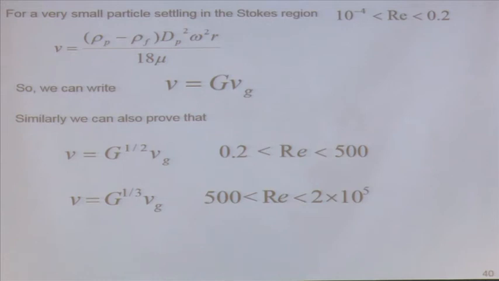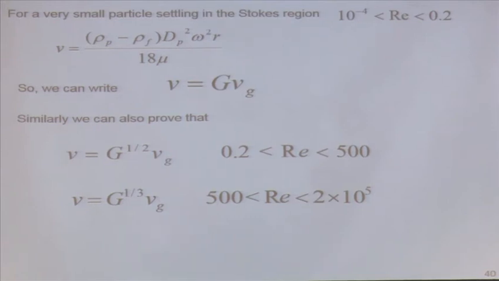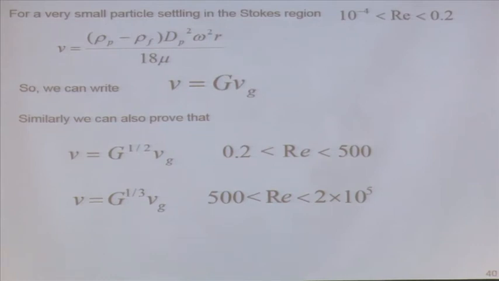How do I explain it physically? Suppose I take a thread with a very small particle at the end of it, and I rotate it and then I leave it, and see the distance it covers.